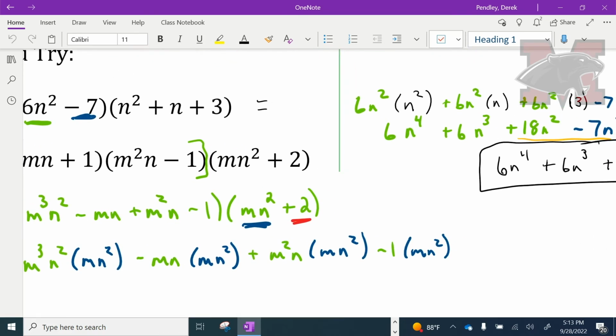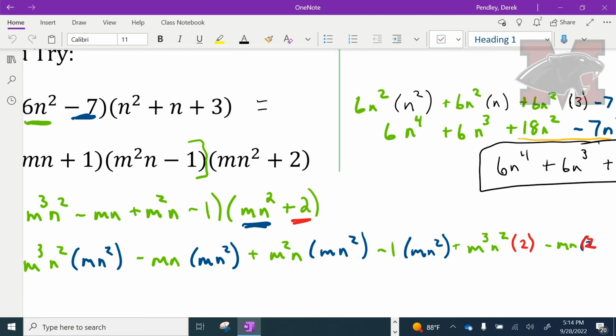Now I'm going to do the red one. So I have the positive m cubed n squared multiplied by the negative 2. Sorry, by the positive 2. Then I have my negative mn multiplied by the positive 2.